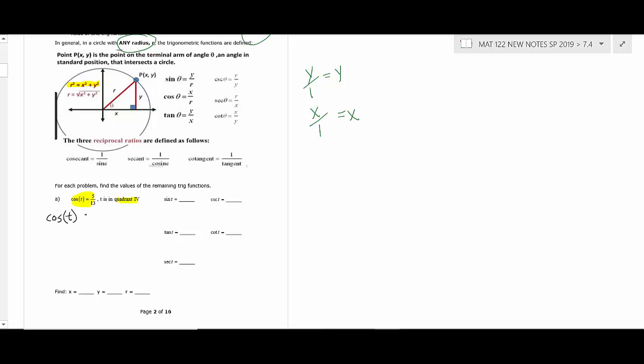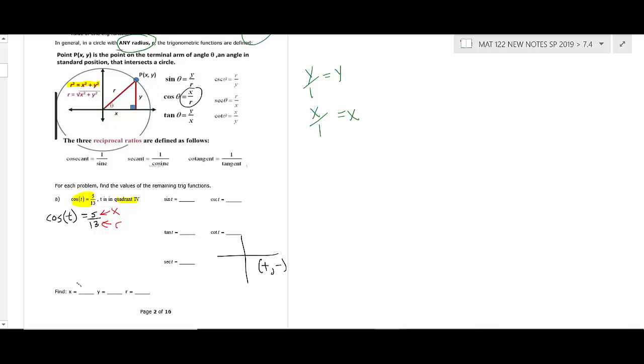So let's look at it like this. The definition of the cosine is x over r. So that would be an x value, and that would be an r value. Now, you're in quadrant 4, so you have a positive x and a negative y.